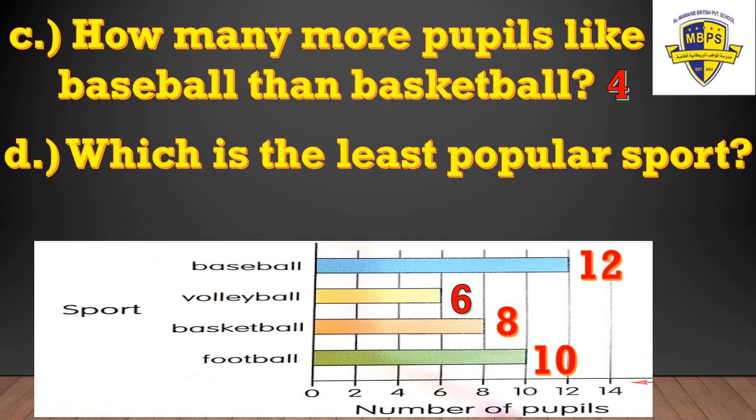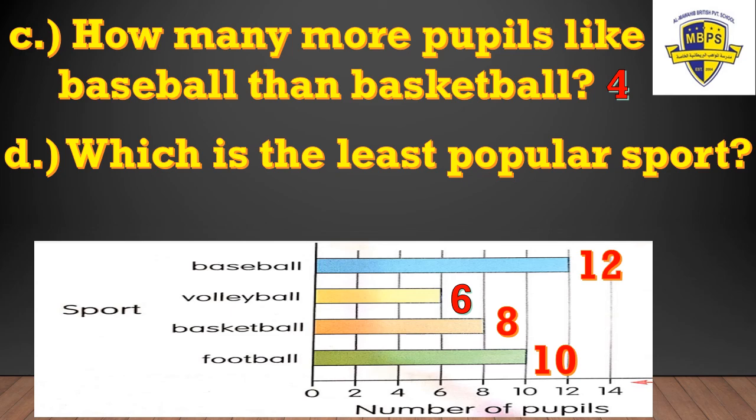Very good. 12. And how many of them like to play basketball? Very good. 8. So what is 12 minus 8? Very good, children. 12 minus 8 is equal to 4. So 4 more pupils like to play baseball than basketball. Excellent. Let's go to the next question.